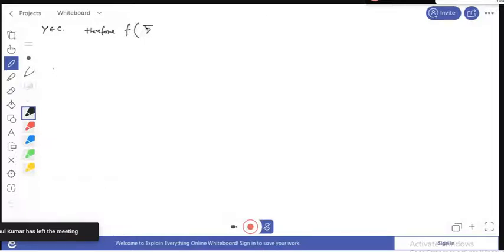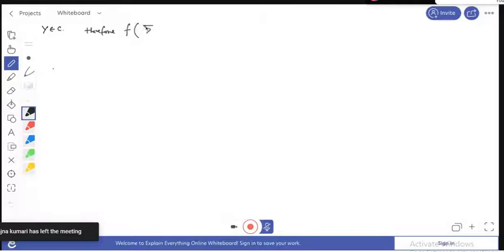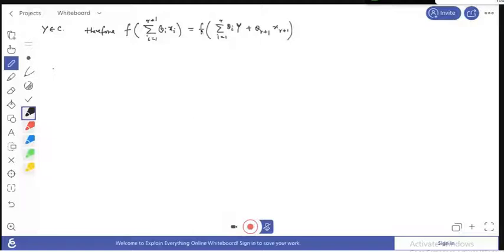So you know that this is any scalar, and any function y. So this is a scalar. You know that if we apply f of alpha x plus beta y, this is always less than or equal to this scalar multiplication of f, up to theta r plus 1 f of x r plus 1.